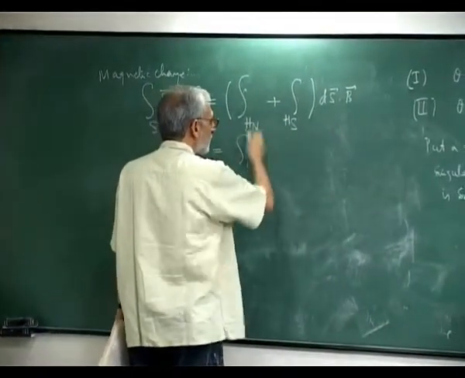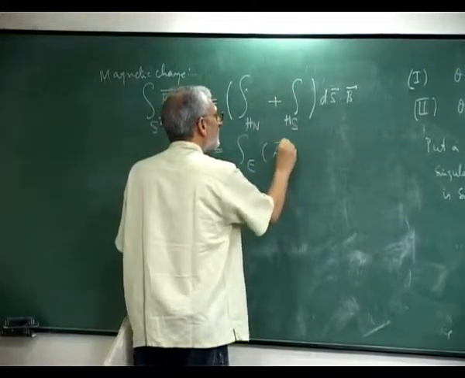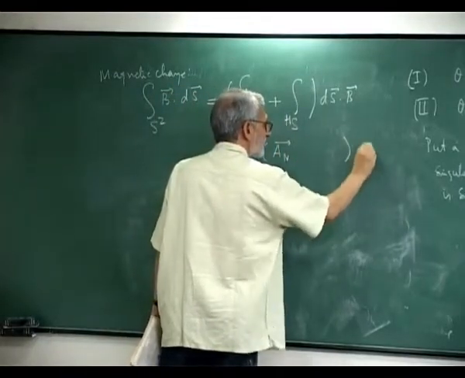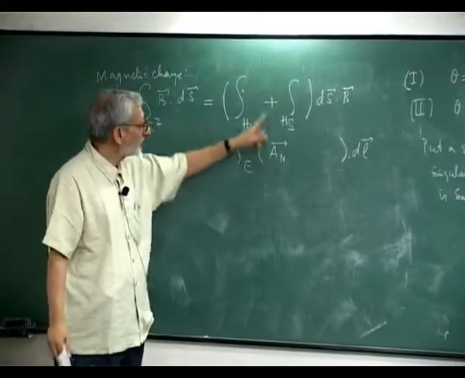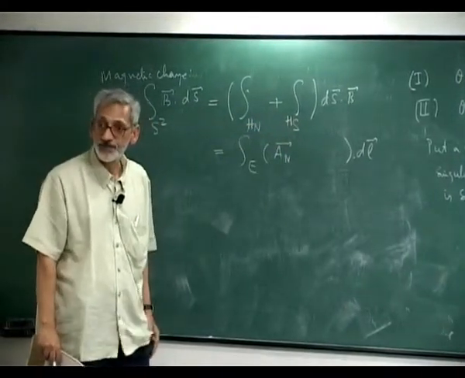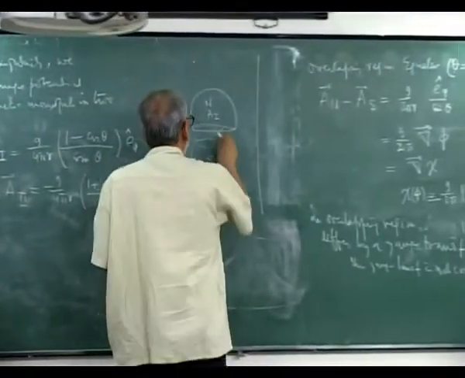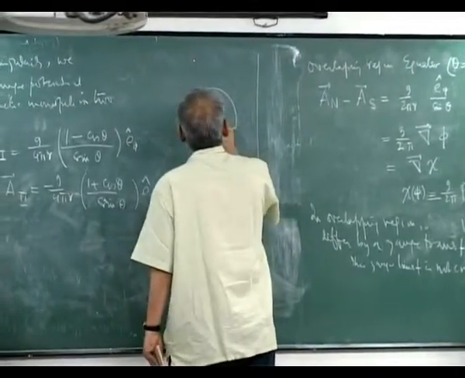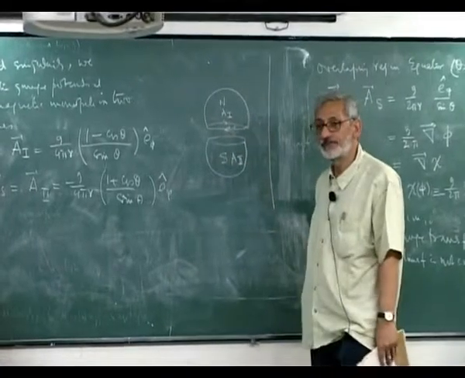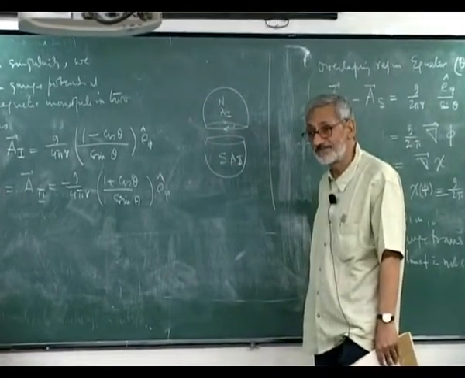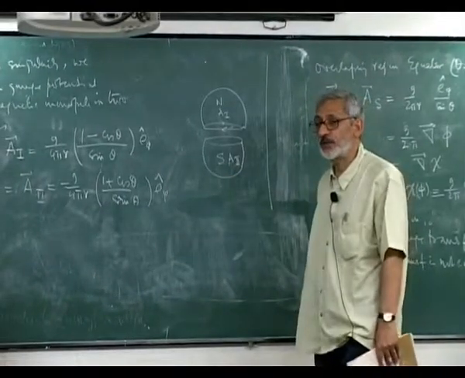So use the Stokes theorem. This surface integral becomes an integral over the equator, E is the equator, that is this one, along a loop, this loop on the equator. And similarly, I do it in the southern hemisphere.